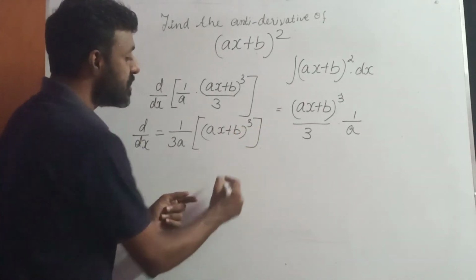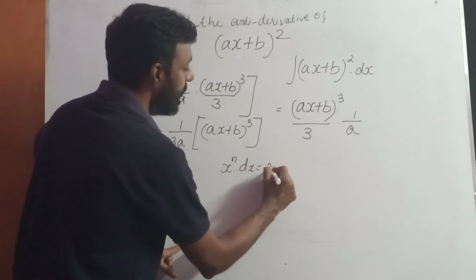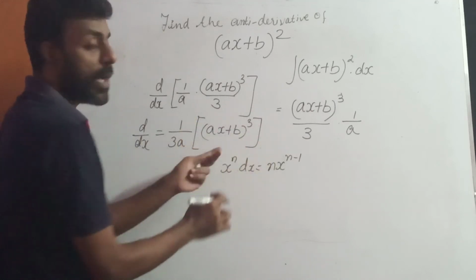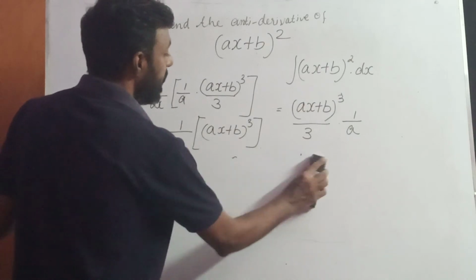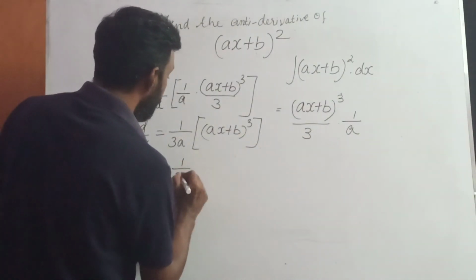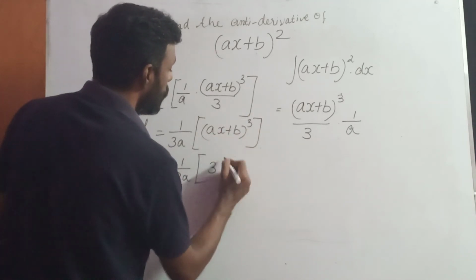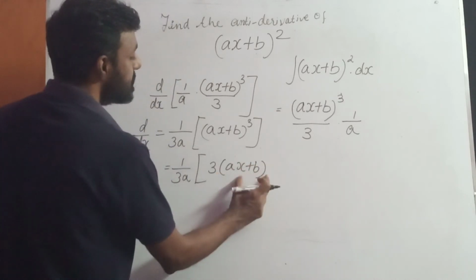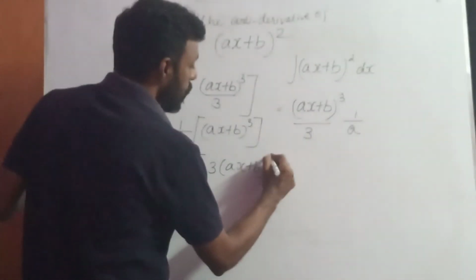Now you can apply the formula: d by dx of x power n is n x power n minus 1. I can apply this in the square bracket. So it equals 1 by 3a into n x power n minus 1, that is 3 into (ax plus b), with n minus 1, 3 minus 1, being 2.